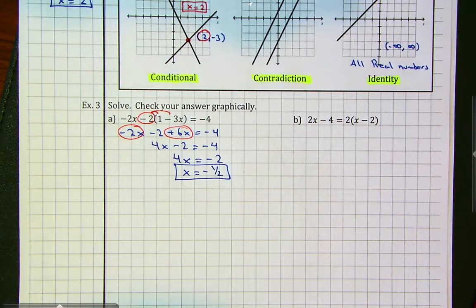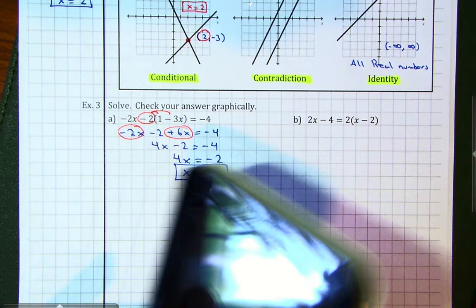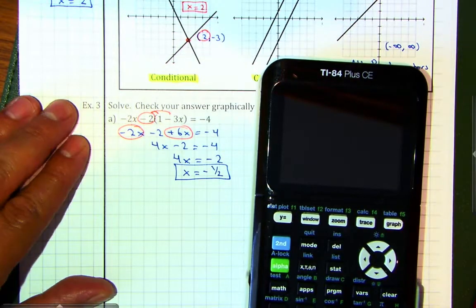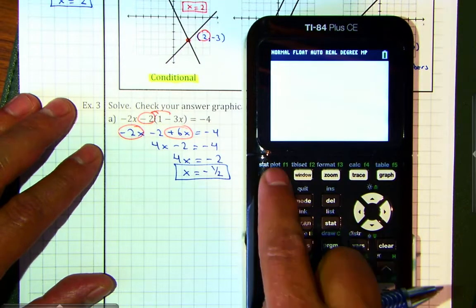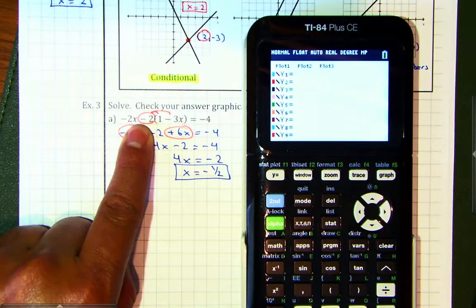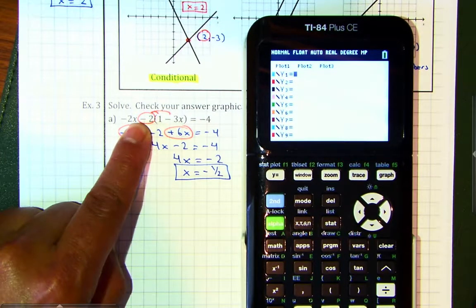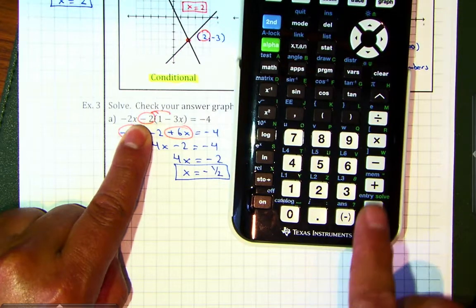And now I'm going to check my answer graphically. So I'm going to use my TI-84, and I'm going to press y equals so that I can go into the equation. I'm going to type in the first equation. I want to make sure that I use my negative, not my minus.